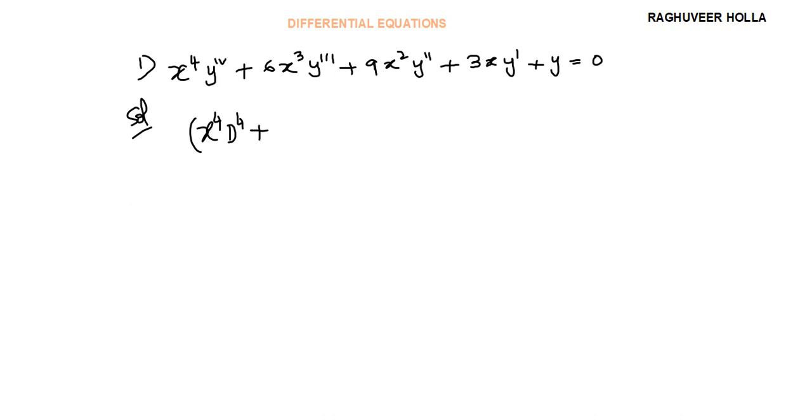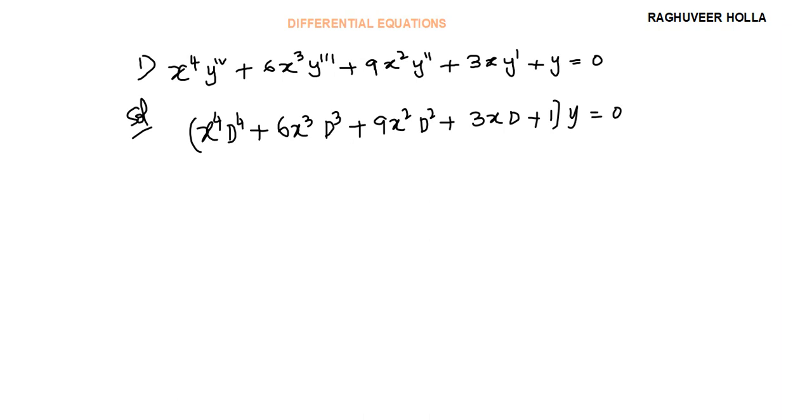Plus 6x cube d cube, plus 9x square d square, plus 3x d, plus 1 into y is equal to 0.